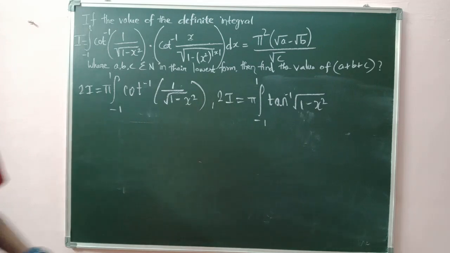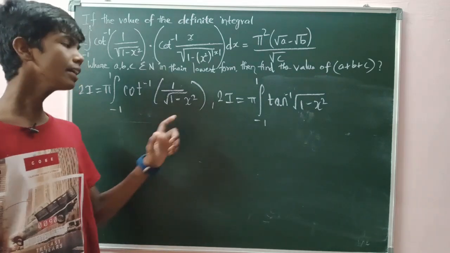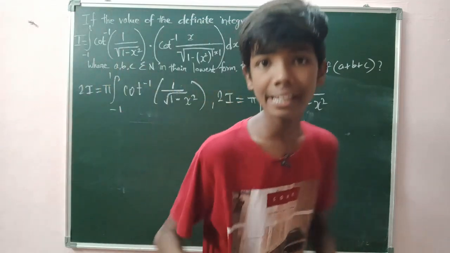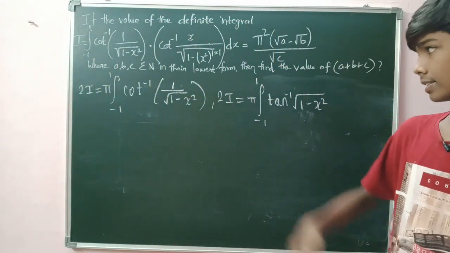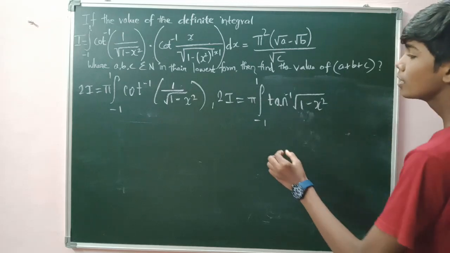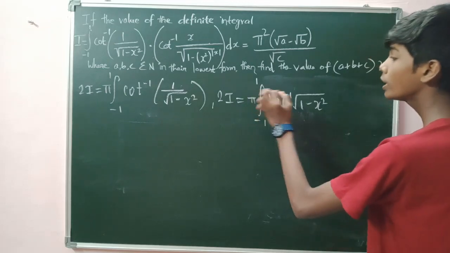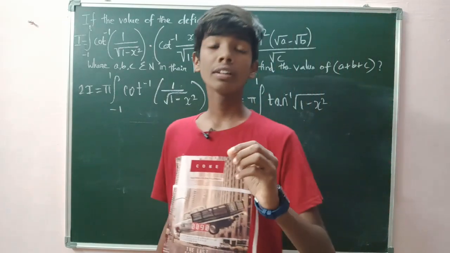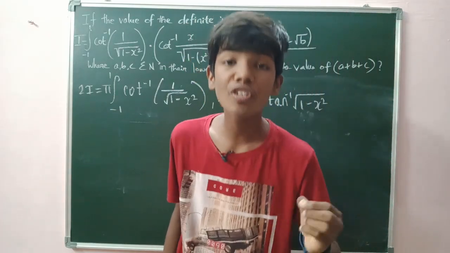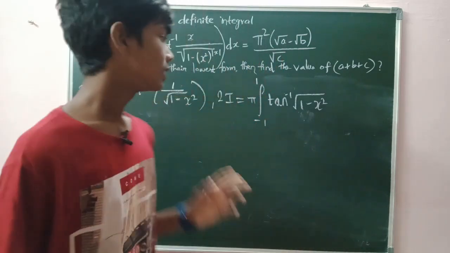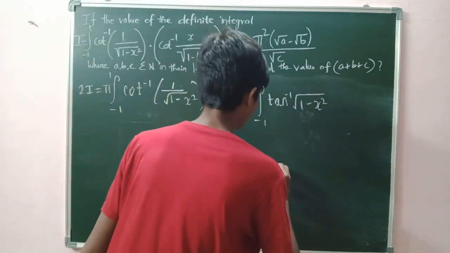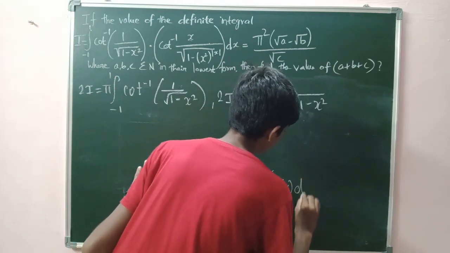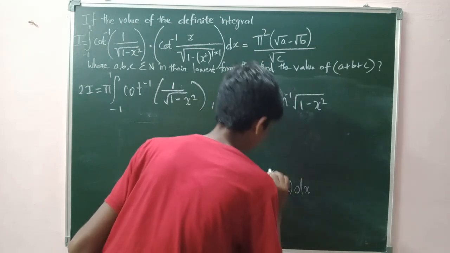Now people, I will ask you guys one thing. Here I am having 2I in the LHS and I am having the limits from minus 1 to 1 in the RHS. This shows that you can use one property of your definite integral. There is nothing but your integral of f of x dx, and the limits are from minus a to plus a.